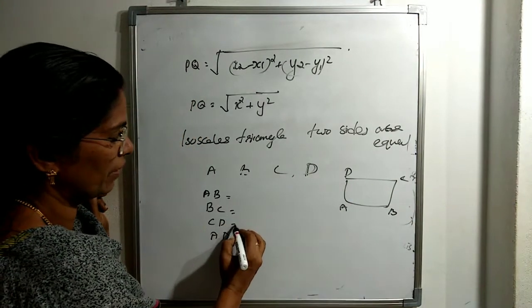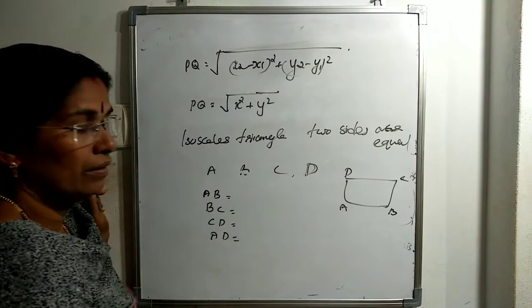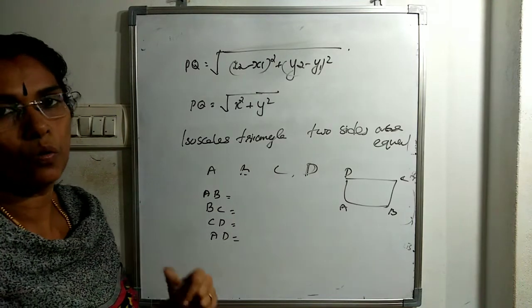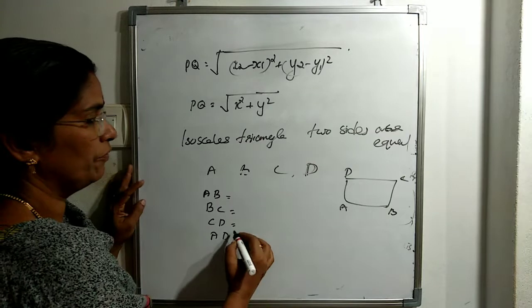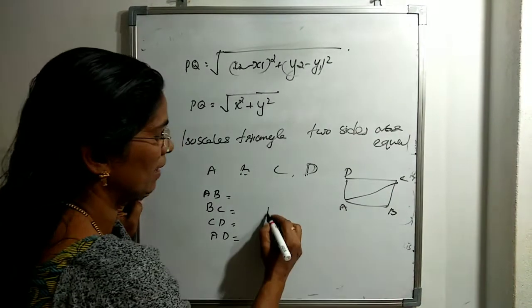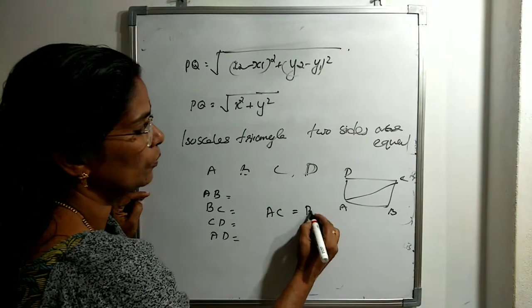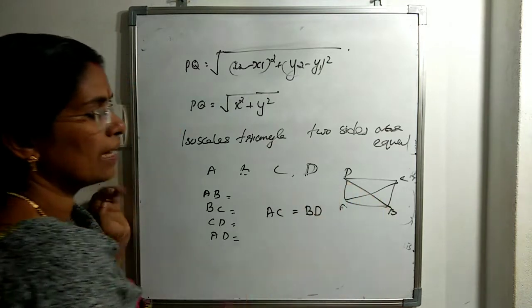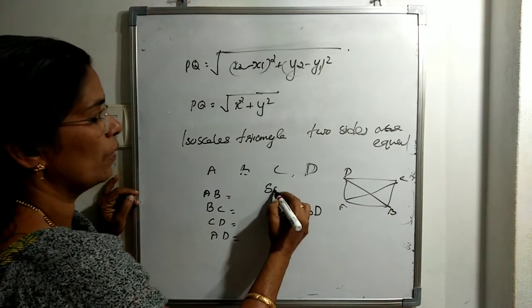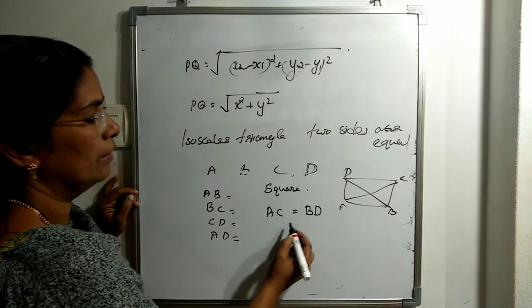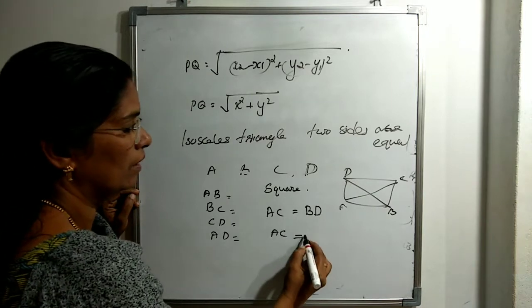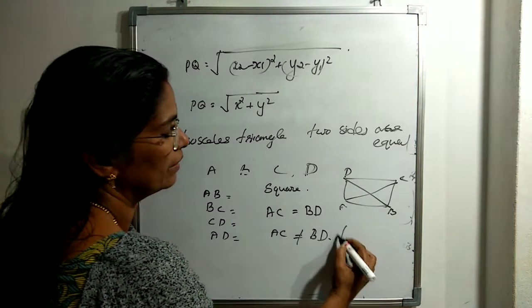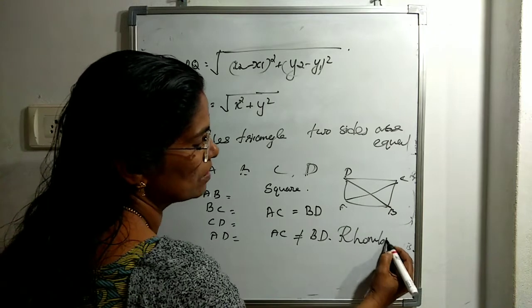All values we find, everything is equal. We can't yet say whether it is a square or a rhombus. For a square we have to find the diagonals. AC is equal to BD. If both diagonals are equal, it is a square. If the diagonals are not equal, then we can say it is a rhombus.